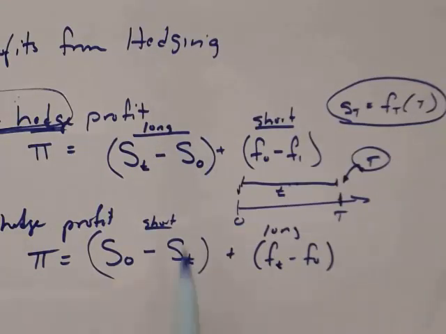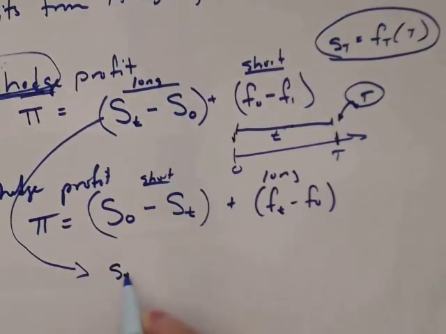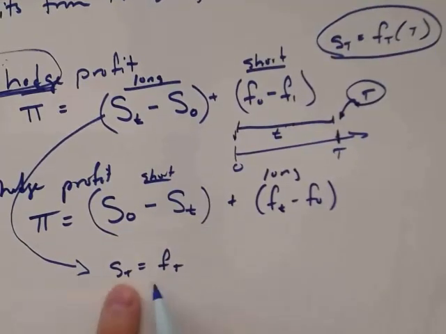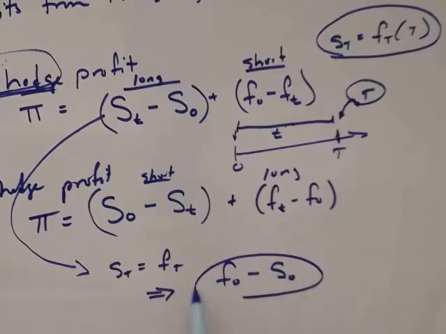And so for this formula, if S_T equals F_T, let's just simply use this notation, then mathematically these two numbers will offset. Oh, by the way, that should be a T there. These will offset, and your profit will be the futures price that you entered into minus the spot price at the time you entered the futures position. That will be your profit.